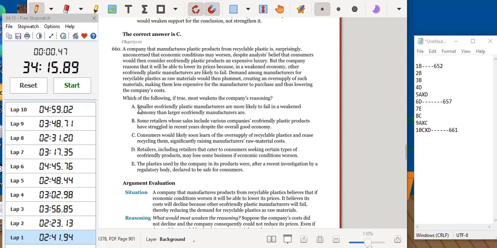I chose: smaller eco-friendly plastic manufacturers are more likely to fail in a weakened economy than larger eco-friendly manufacturers are. A company that manufactures plastic products from recyclable plastic is surprisingly unconcerned that the economic condition may worsen, despite analysts' belief that consumers would then consider eco-friendly plastic products an expensive luxury.